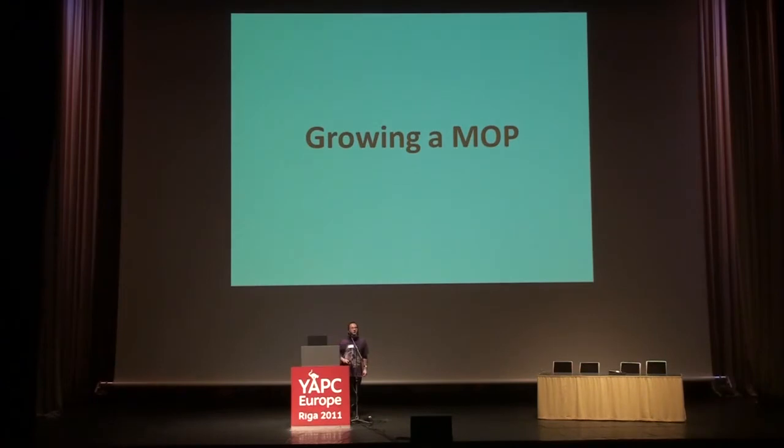So you have this core, but the core doesn't really do much, and at this point you need to grow what we call a MOP, a meta-object protocol. Now all we mean by protocol is essentially interface, a set of different methods that we can agree will be available to be called on these meta objects.